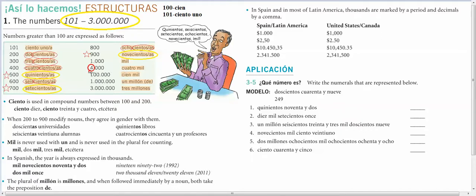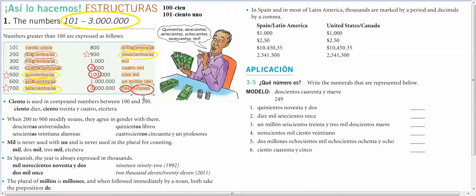This is 100, but it's not just 100, it's 100,000, so you do 100, which is cien, and then you say mil, cien mil. And then a million is un millón, with the accent, and anytime you go above it, you're just going to say 3, which is tres, and then you make millions plural, millones, written as 2 separate words.